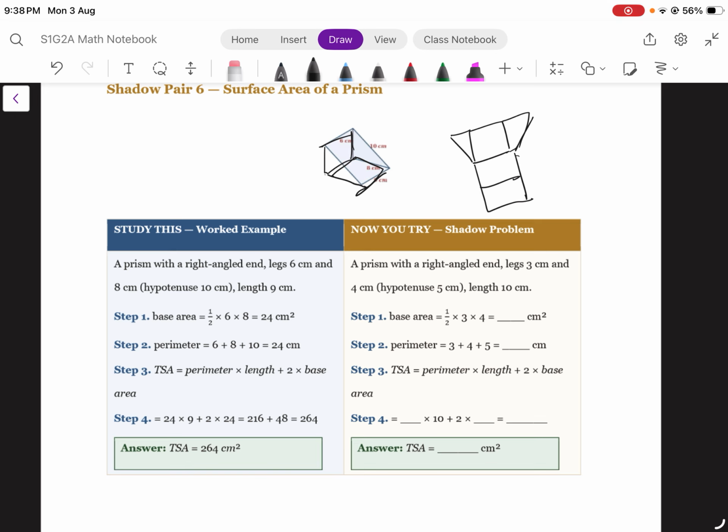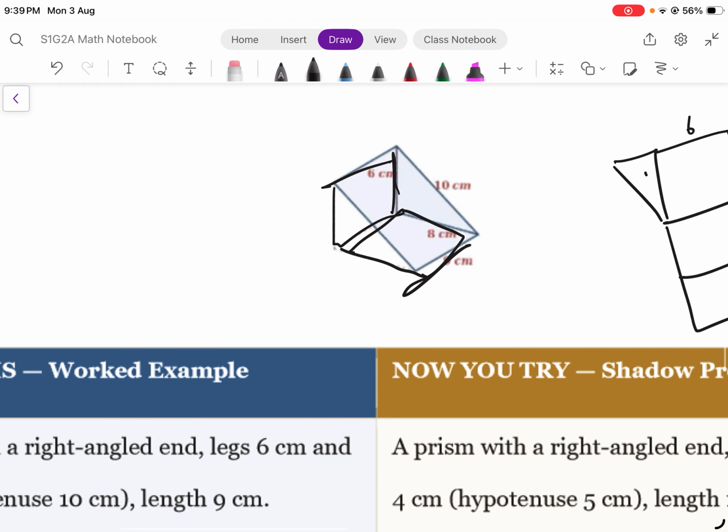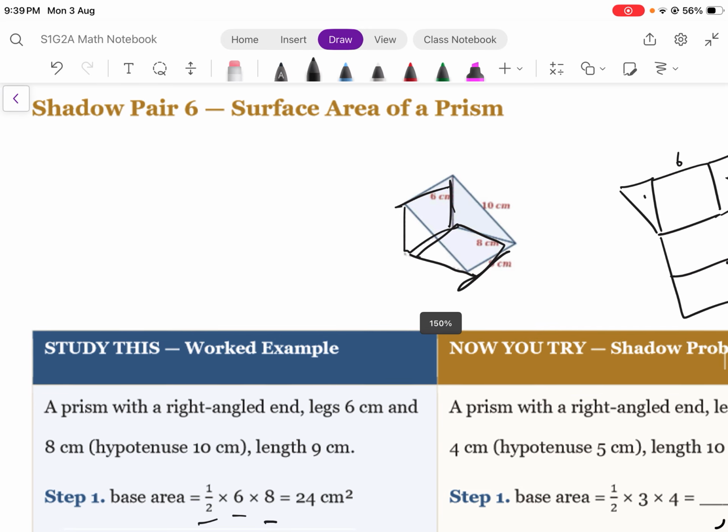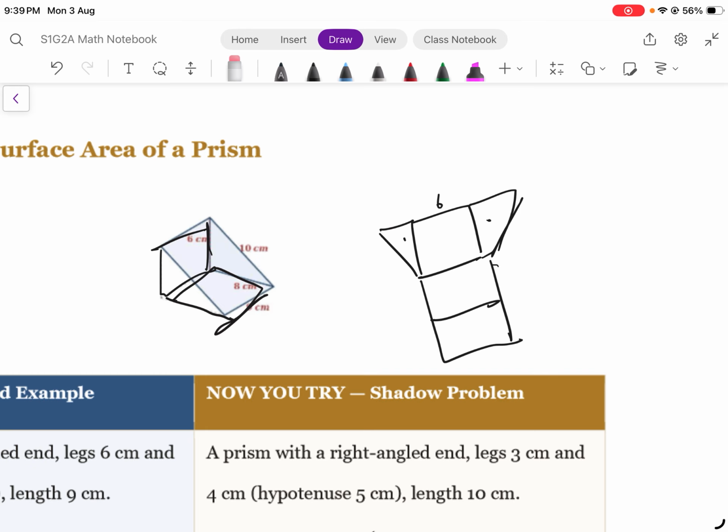First up, we find the two right angle triangles at the side. Half times 6 times 8. Let's blow it up. My mistake, this side is 6.